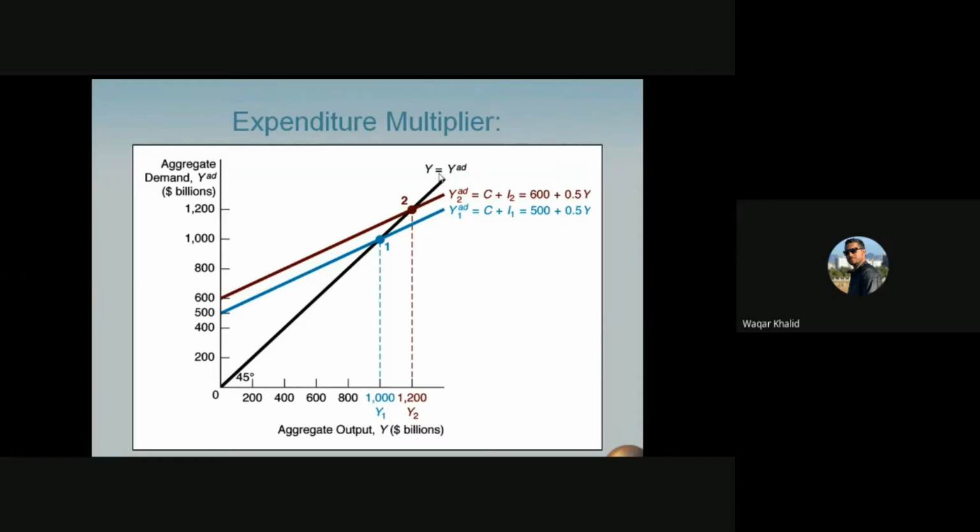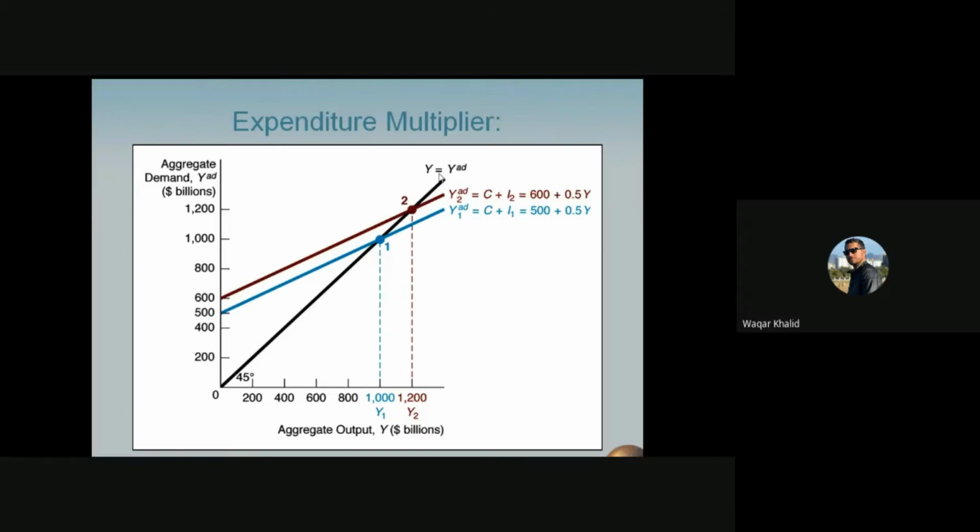So when planned investment spending I1 is 300 billion, the aggregate demand is Y1 AD, and the equilibrium occurs at point 1 where output is 1000 billion. So the 100 billion increase in planned investment spending adds directly to aggregate demand and shifts the aggregate demand function upward to Y2 AD.